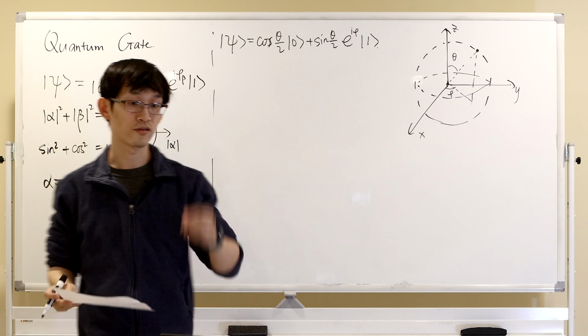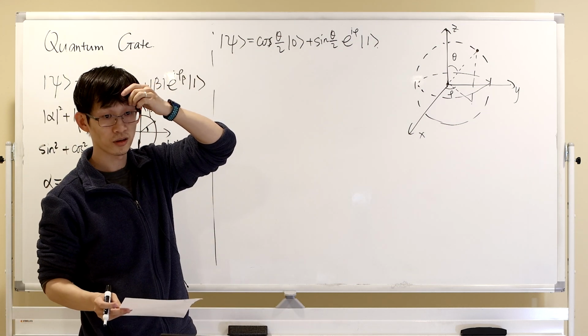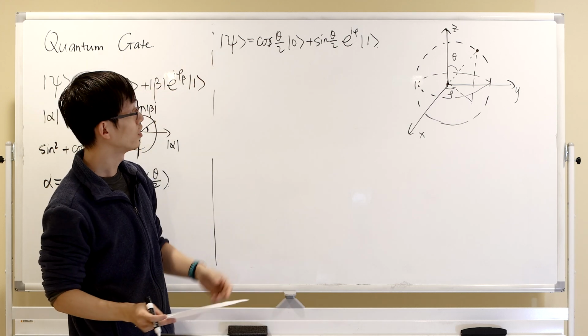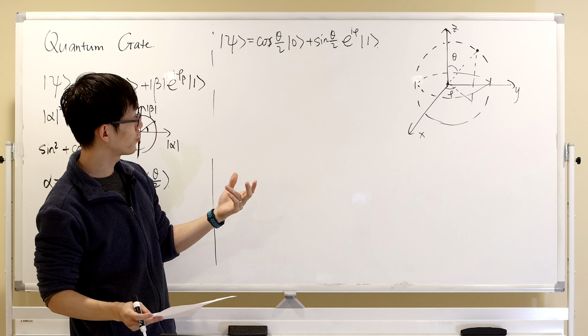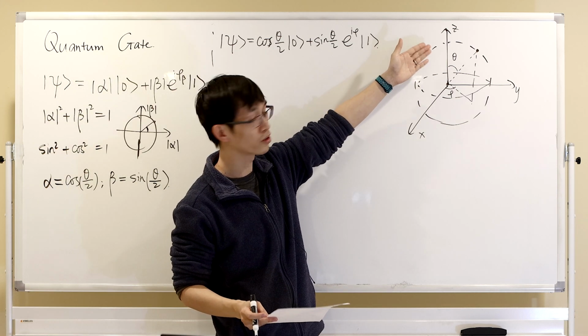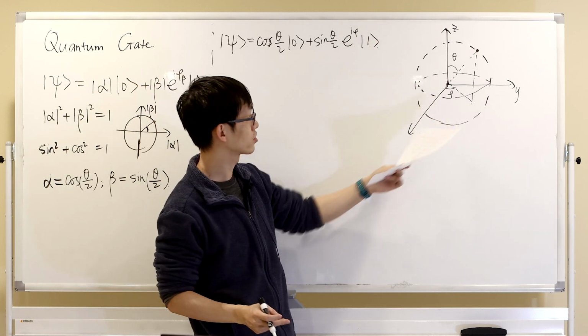By knowing theta and phi, you know the entire information of your single qubit state. Just for a few examples, we want to know where 0 is and where 1 is on this sphere. This is called the Bloch sphere.